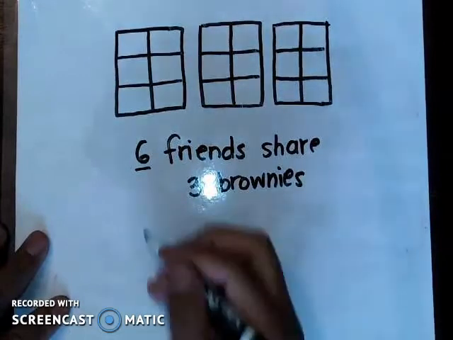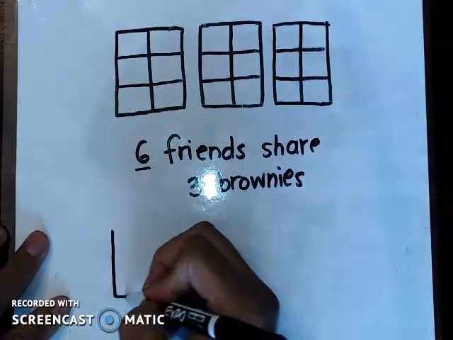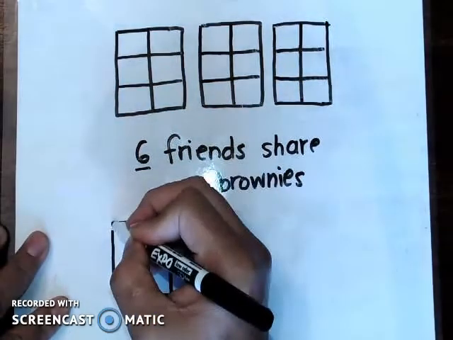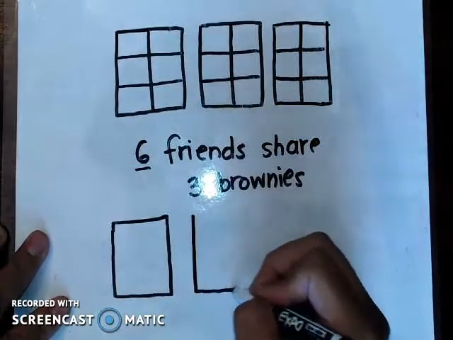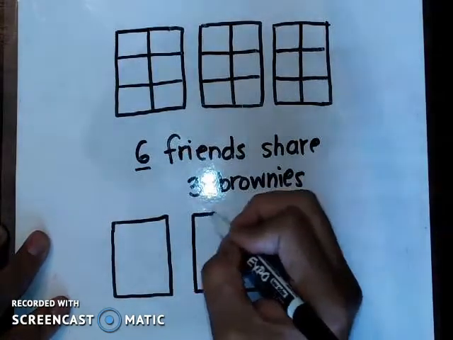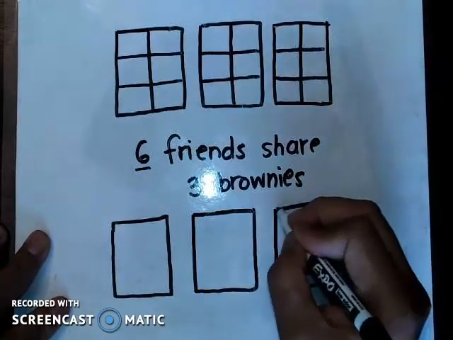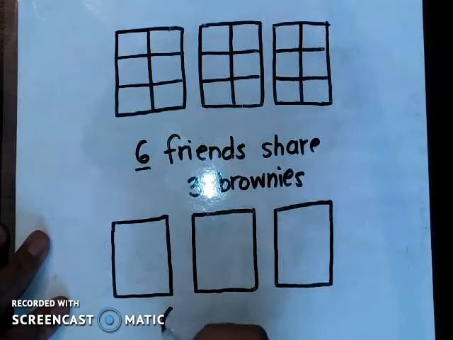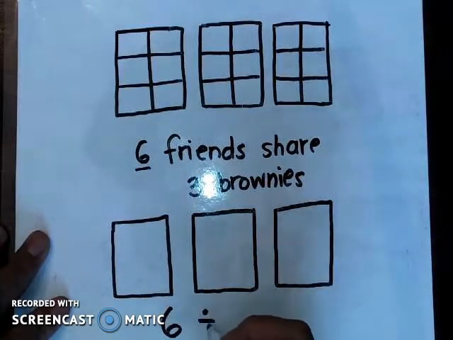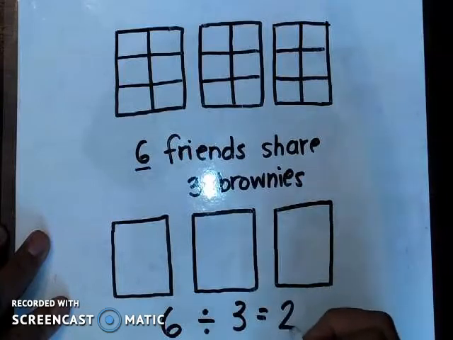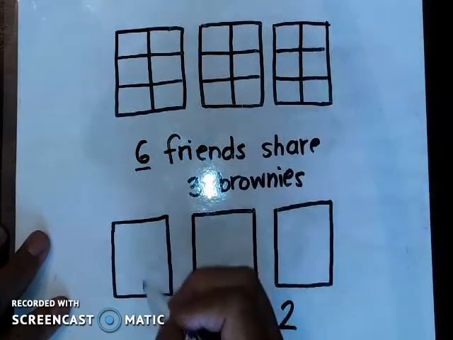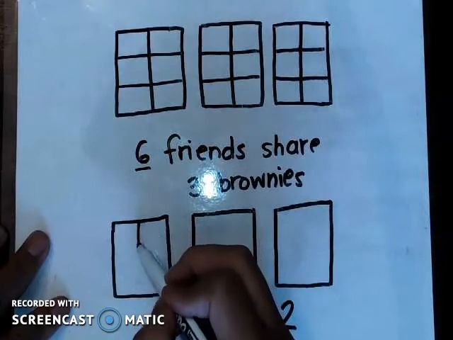But our second way, remember, I did this with the pizzas, is we take these 2 numbers, 6 friends and 3 brownies, and we divide them. So when we divide 6 divided by 3, we get the number 2, which means for each brownie, I am just going to split them into 2 equal pieces.